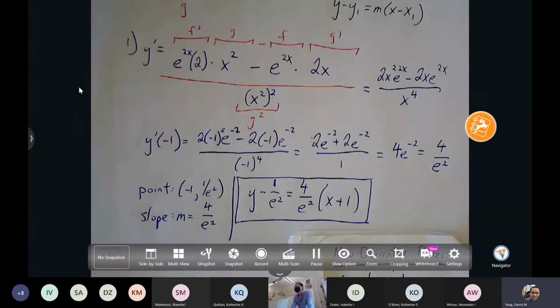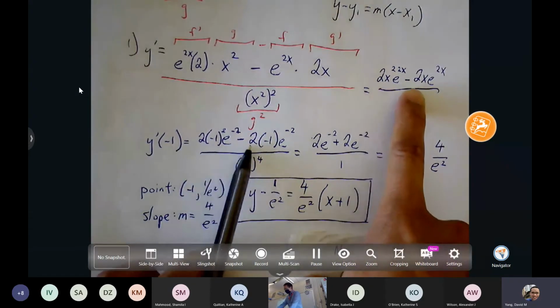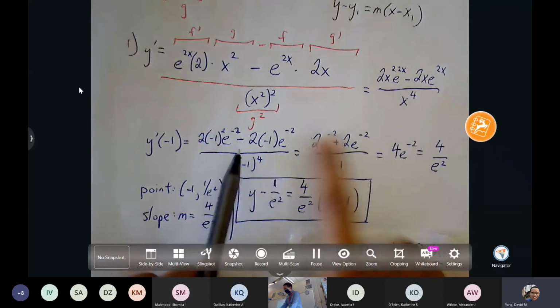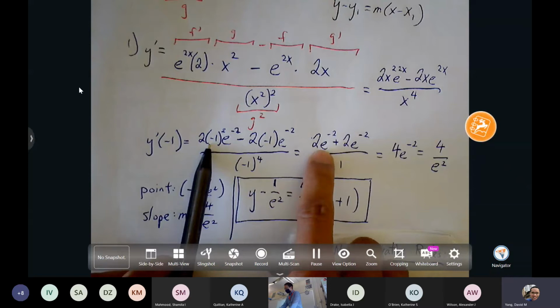Okay, any questions here? Okay, I'll leave this up here for another minute for those who need to look at this. But we're going to move to, yes, question. What was the last section here without the slope? Oh, right here. Yes. So I replaced all the x's with -1. So I get 2 times -1 squared times e to the -2 minus 2 times -1 times e to the -2. The -1 squared becomes positive, so that leaves me with just 2e to the -2.